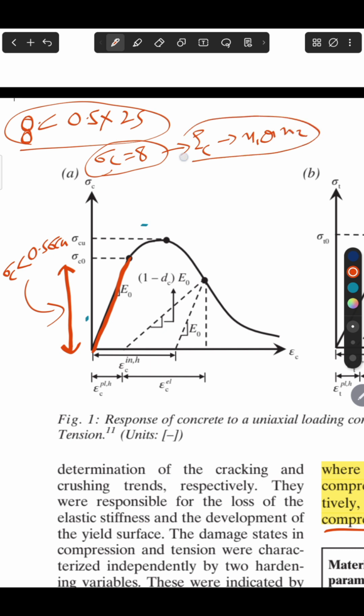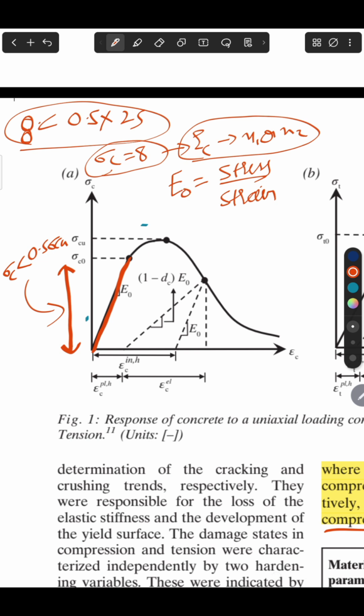If we use this strain and stress value, we can find elasticity, that is stress upon strain, because it is linear up to this point. Sigma c naught lies in this elastic region. So from this point we can find our Young modulus, that is E naught, the initial Young modulus.